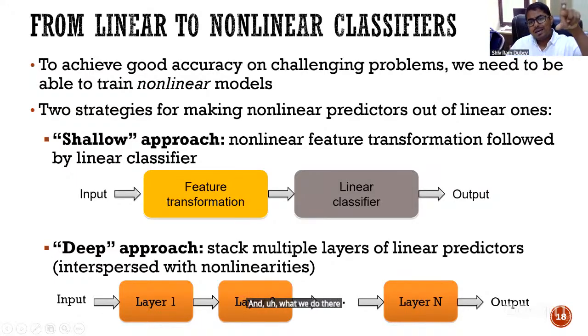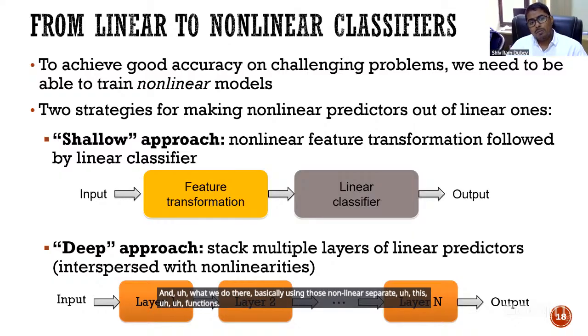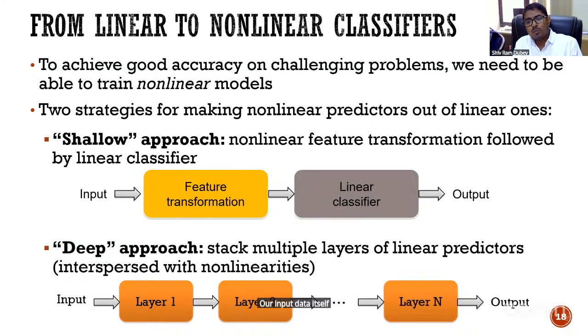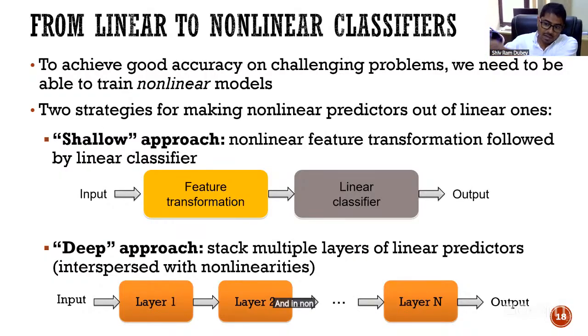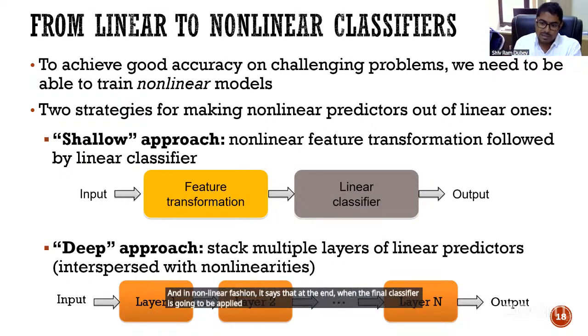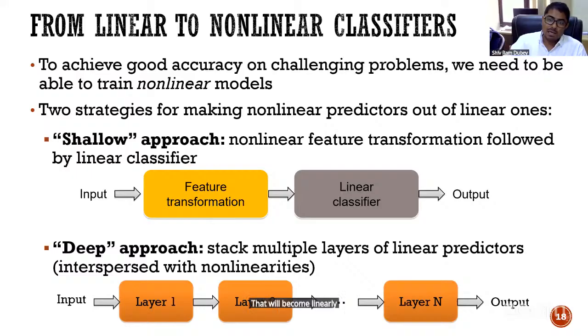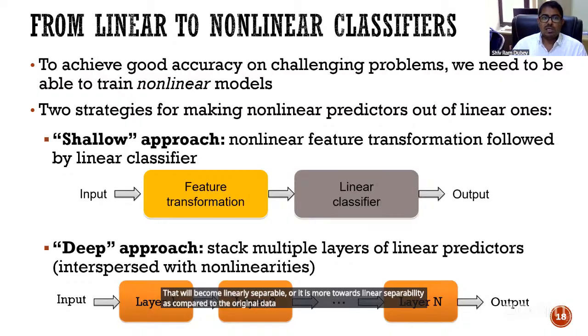Using those non-linear functions, our input data itself gets projected into the feature space in a hierarchical and non-linear fashion, such that at the end, when the final classifier is applied at the last layer, the representation of the input before that will become linearly separable, or is at least more towards linear separability as compared to the original data. So these are the two approaches.